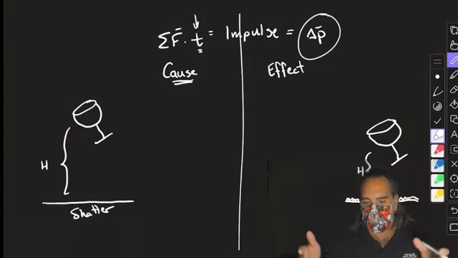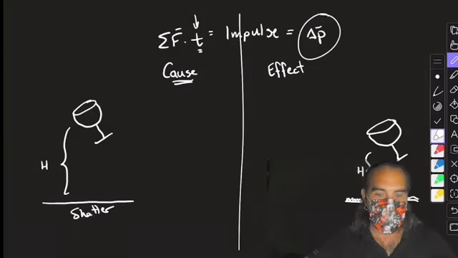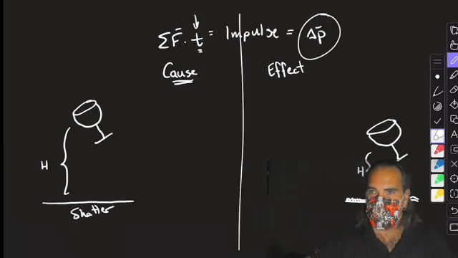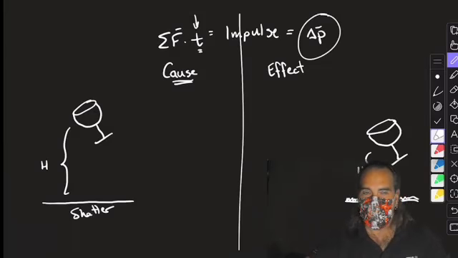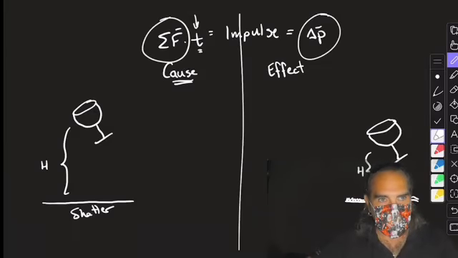Now, when we talk about cause and effect, there are several features here that I need to make sure I impart to you. Impulse is measured in the same units as momentum. But impulse isn't momentum. It's the change in momentum. That's important because impulse is in the direction of the applied force.